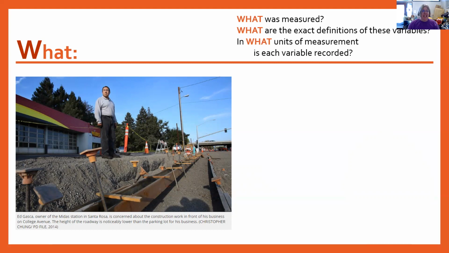He keeps pointing this out, and eventually more people are looking at this, and everyone goes, okay, there's something wrong here. There should not be this big of a jump between the road and a parking lot. So Caltrans eventually looks into it, and what they discover is that the survey company they used did all of their measurements in metric. So they did everything in meters, and Caltrans assumed that all these measurements were done in feet.